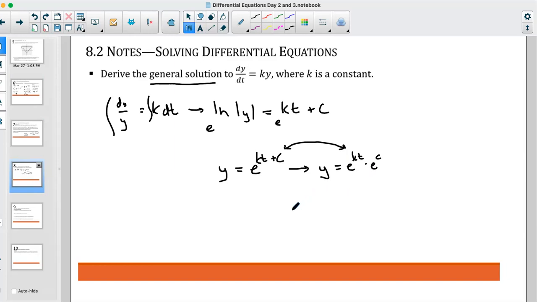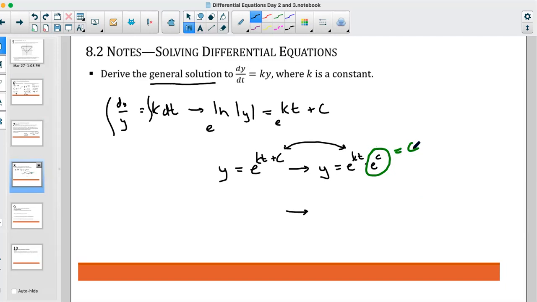And this is the last thing that might freak you out a little bit, which is that e to the c is equal to c. I know that doesn't feel right, but c is an arbitrary constant, and e is also a constant. If I raise a constant to the power of a constant, I just get another constant.